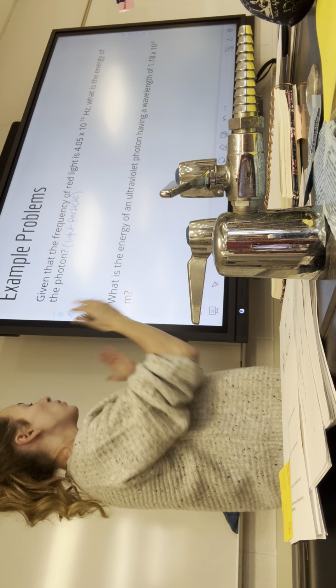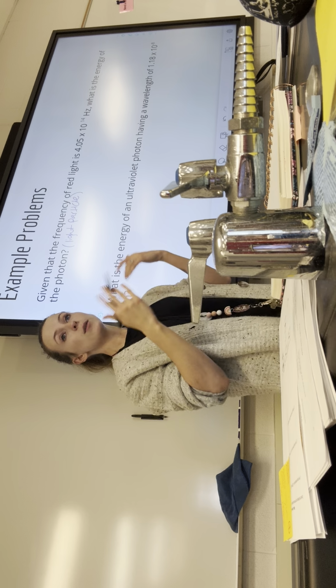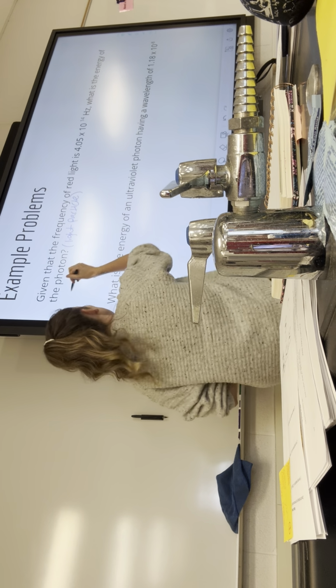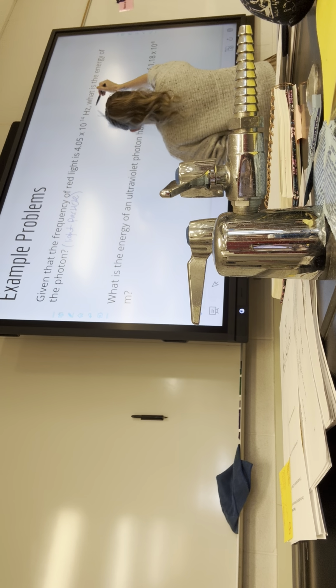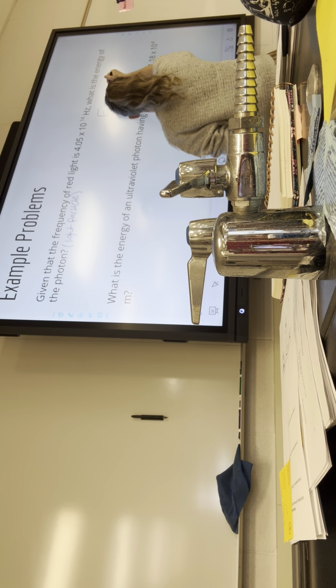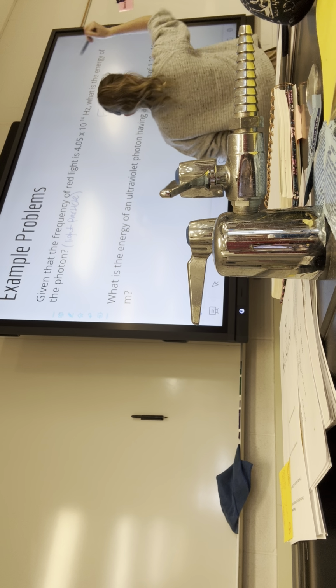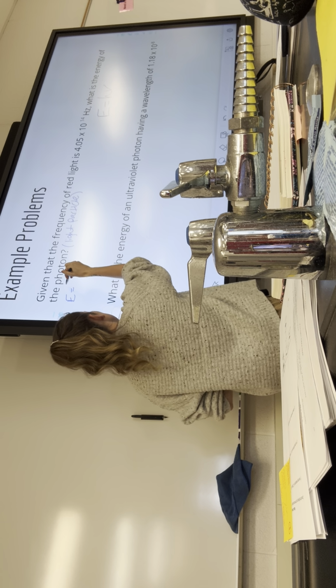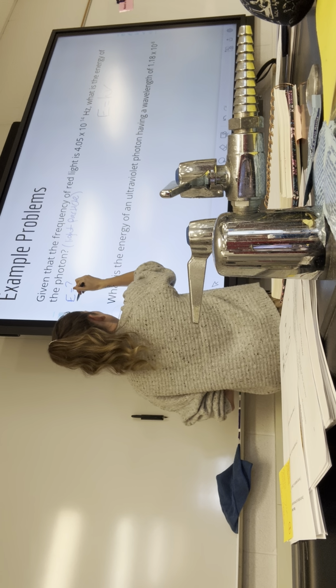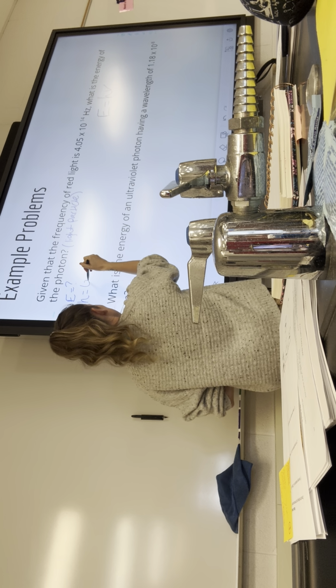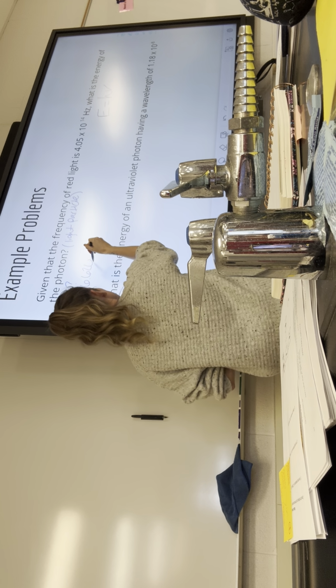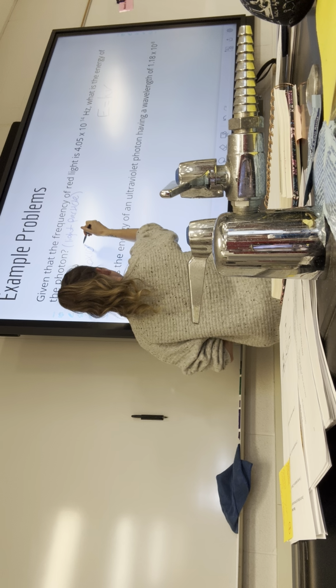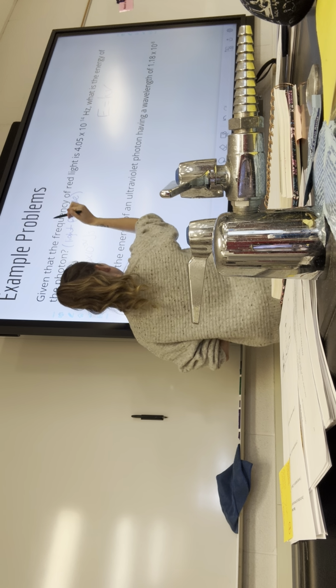So this question, the way that it's set up, is a plug and chug equation, right? We know that our equation is going to be E is equal to Planck's constant times frequency. So we are solving for E. Planck's constant is a constant, right? We give that to you, 6.626 times 10 to the negative 34 joule seconds.